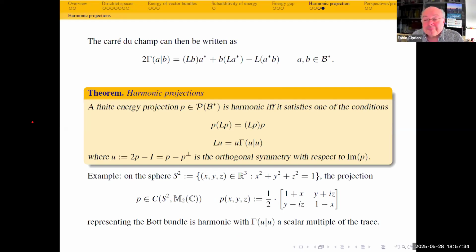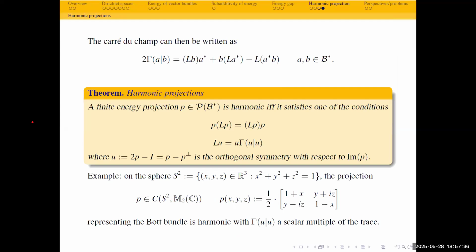But you said that there could be some critical points which are not related to this minimum. So my question is: is this Dirichlet functional a Morse function on this infinite dimensional manifold of projections?